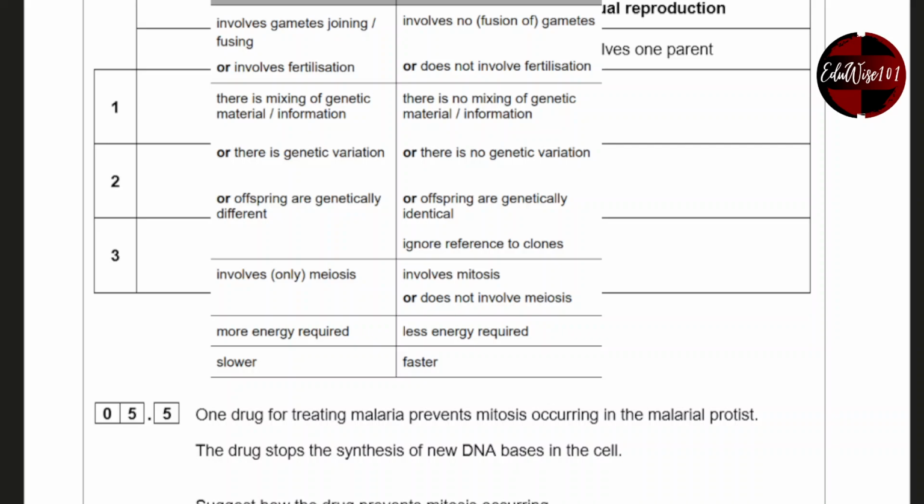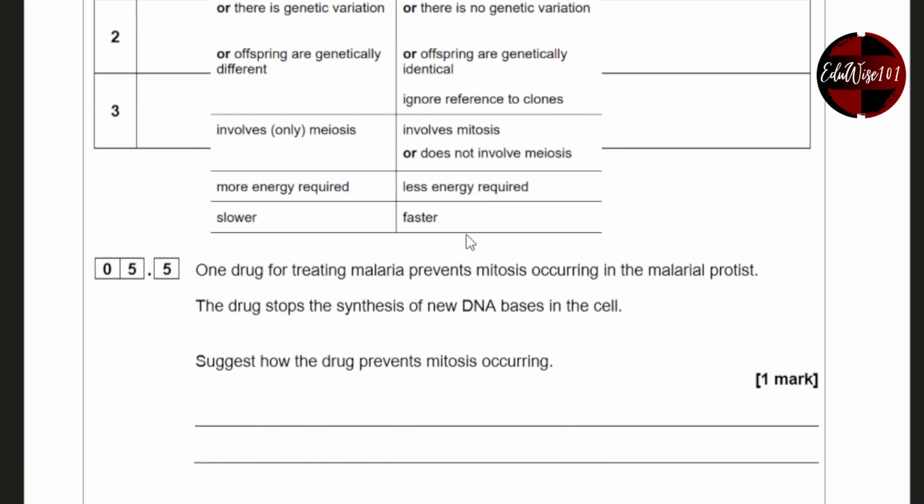And sexual reproduction involves only meiosis, and asexual involves only mitosis. And meiosis requires more energy, whereas asexual requires less energy. Asexual reproduction is faster, whereas sexual reproduction is much slower.